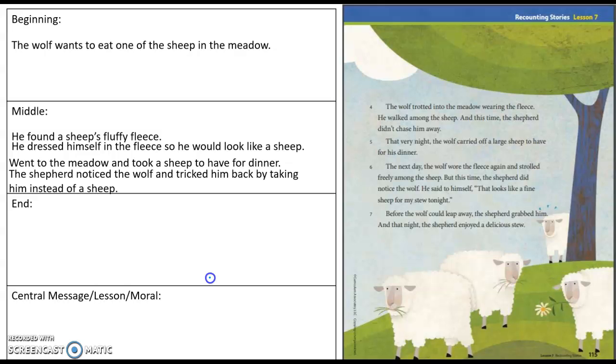So the shepherd now noticed the wolf and tricked him back by taking him instead of a sheep. This wolf thought that he was a pretty tricky guy, and he kind of lied to the sheep and the shepherd, and he tricked them. Was it very nice of him to do?